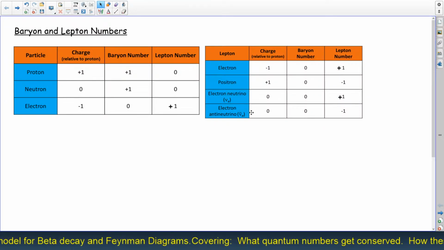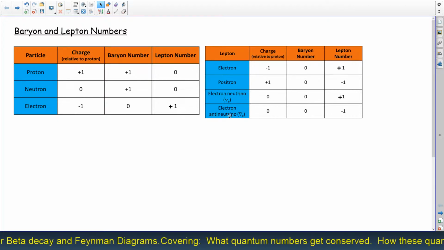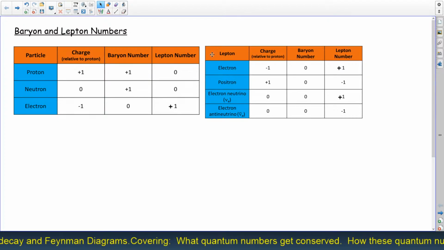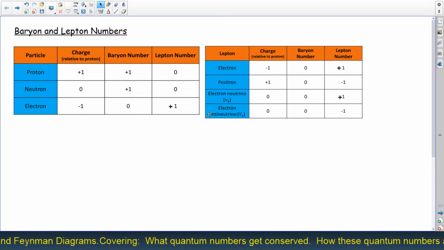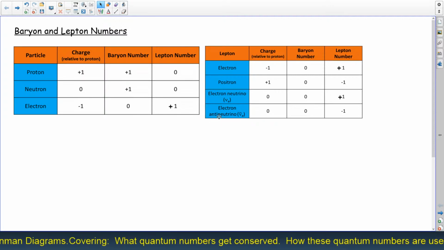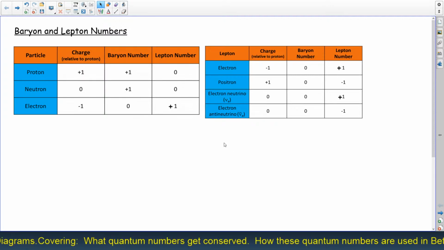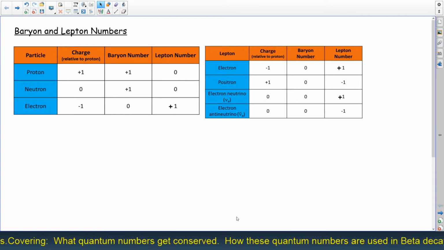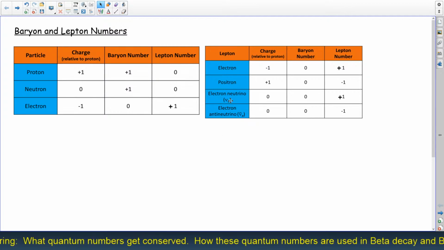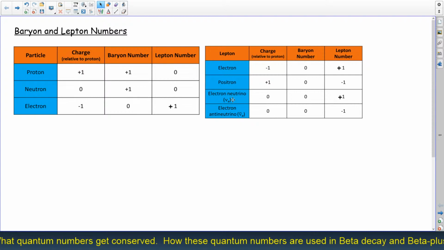Okay, now down here we have the neutrinos and the anti-neutrinos that are associated with the electrons. So this is our first generation. For those of you who are doing a little bit of extended reading, you'll know that we have the 2nd generation muon and the 3rd generation tau, and then their associated antiparticles and their associated neutrinos. But we're going to look at 1st generation tonight. Okay, so electrons and positron.